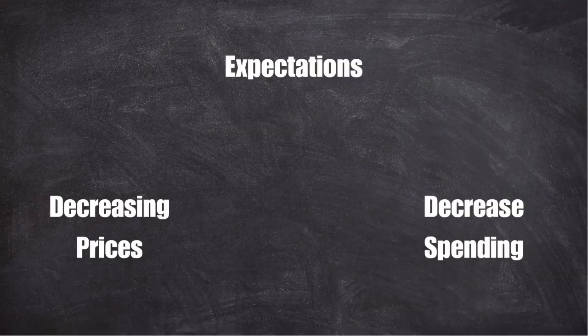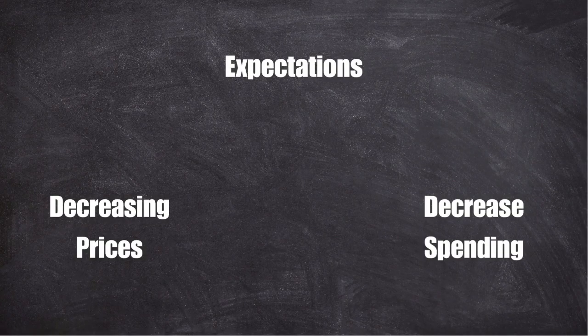But we have a second problem as well. During a deflationary period or during recessions, we need people to spend their money and go out and purchase things. But if people see that prices are decreasing and they continue to expect prices to decrease, why would somebody go out and purchase a new home or purchase a new car if they wait 6 or 12 months and the price is going to decrease during that time?